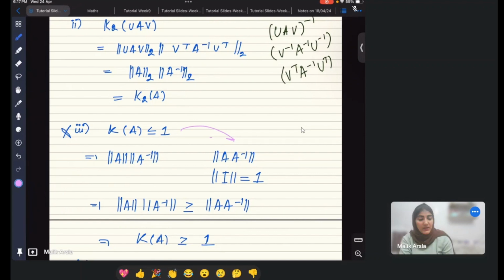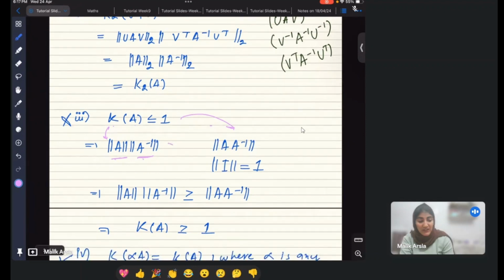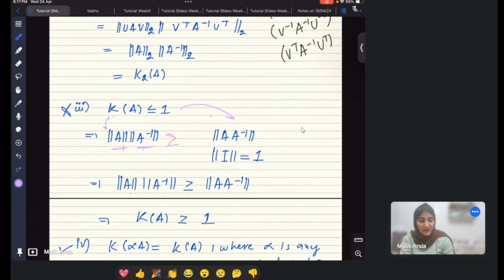We know that norm of A into norm of A inverse is greater than or equal to the norm of A into A inverse, as we saw previously, which is nothing but 1. So condition number of A is greater than or equal to 1. Here it has been mentioned otherwise, so this statement is wrong.